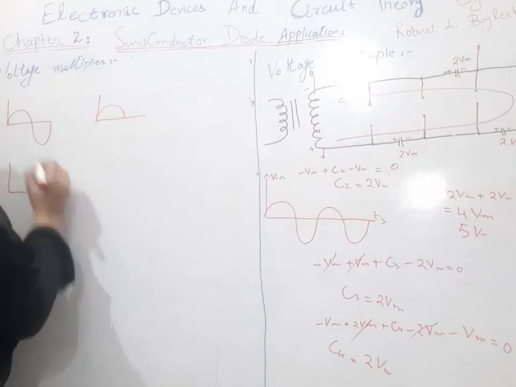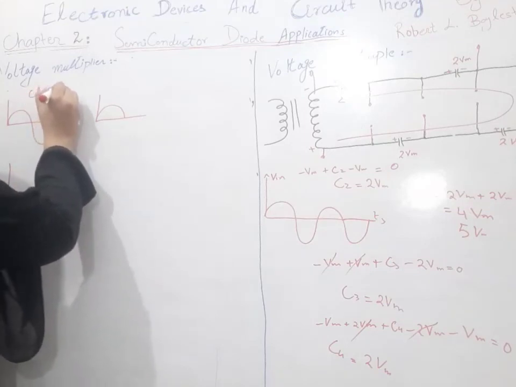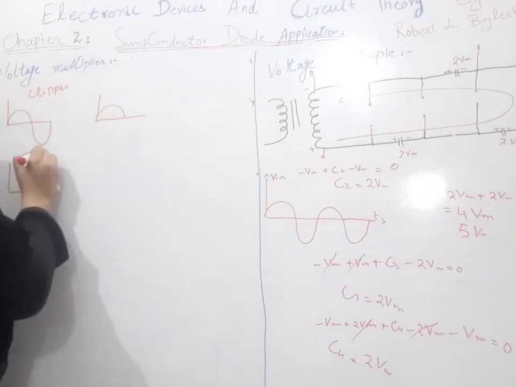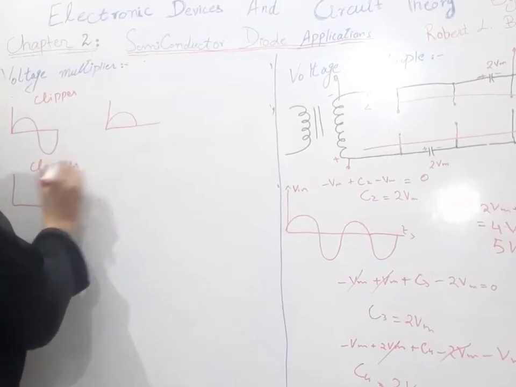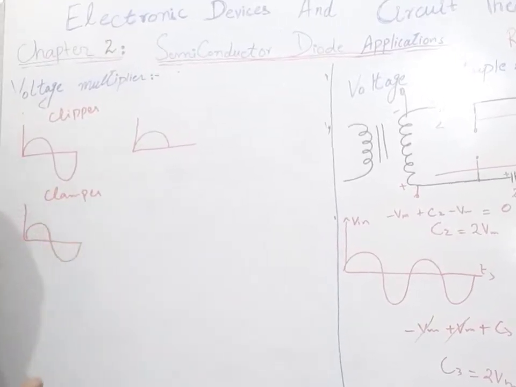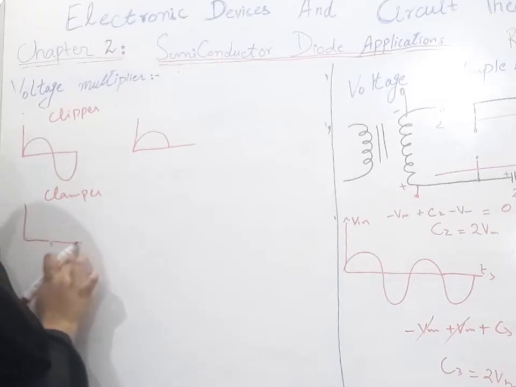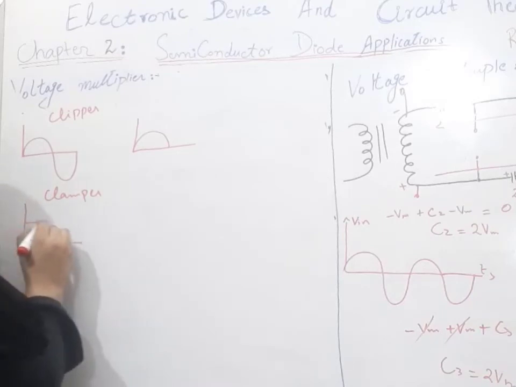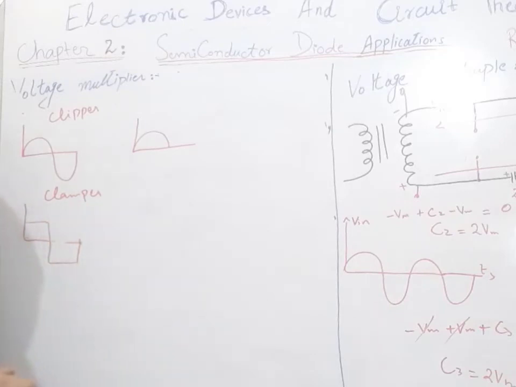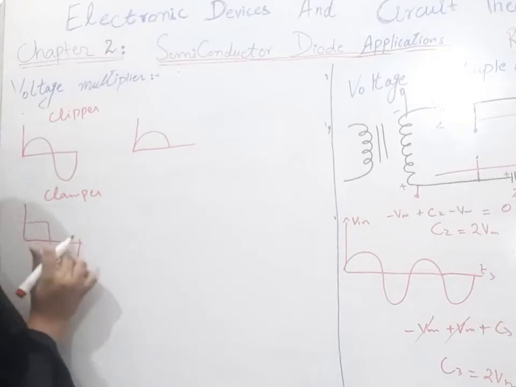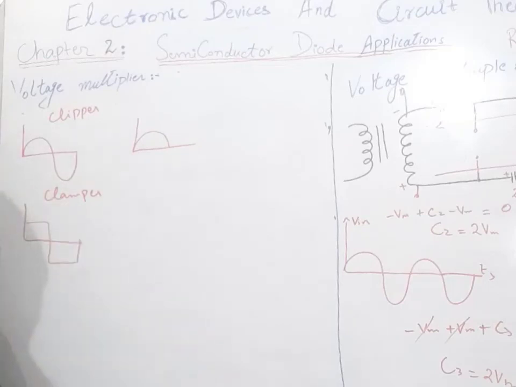Now for the clamper, we have the input signal like this. In my lectures we have used the input signal like this, as it is easy to deal with clamping using a square-shaped input signal.